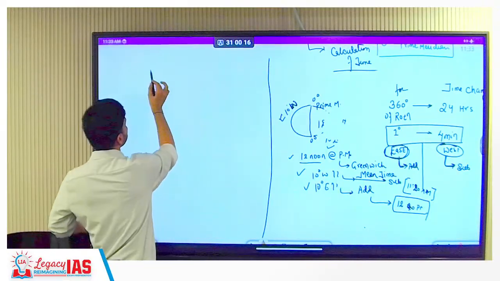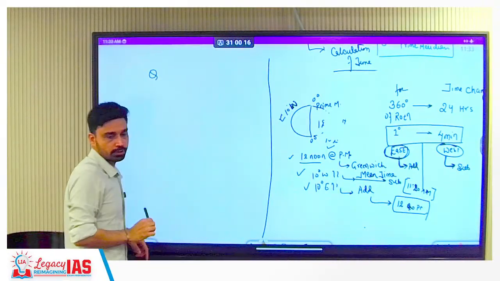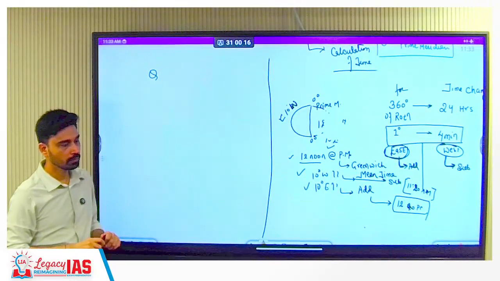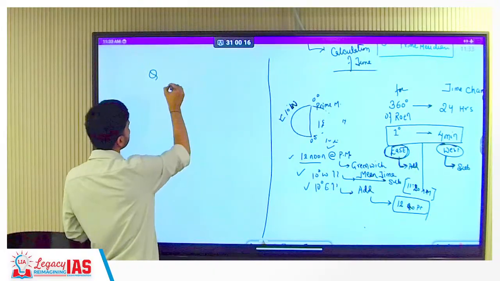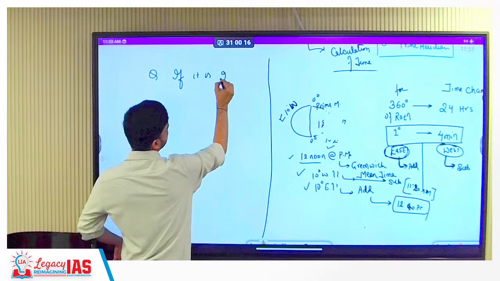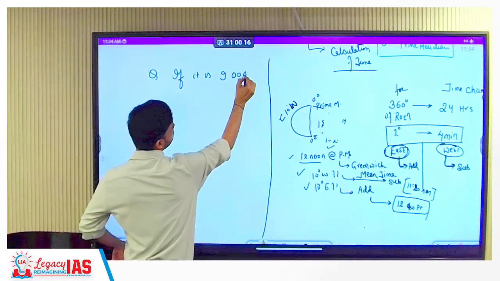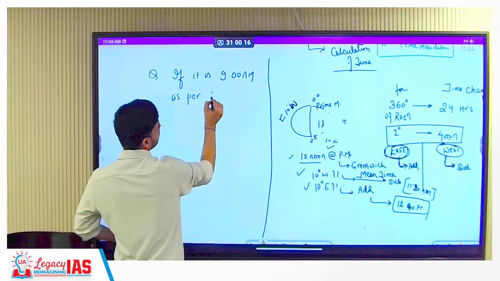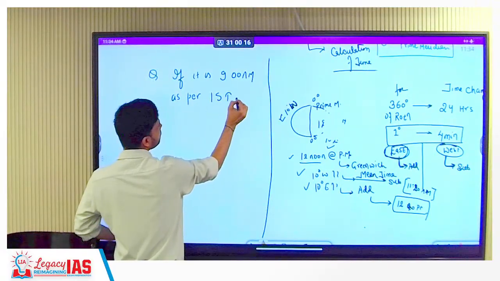So you can write a question based on exactly the same concept. UPSC prelims. So the question is, if it is 9 am as per IST. What is IST?